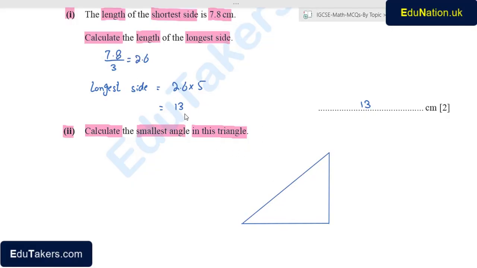The longest side has length 13 centimeters and the shortest side is 7.8 centimeters. We have to calculate the smallest angle. Smallest angle will be this. Let's say this is theta. So theta will be equal to sine inverse of 7.8 over 13. This is a right angle.